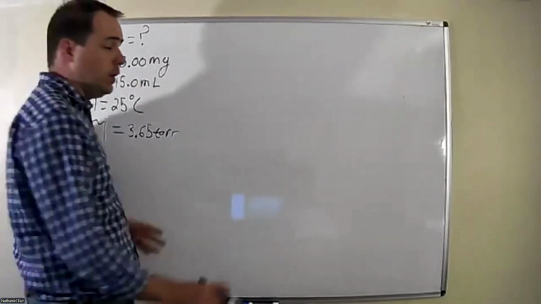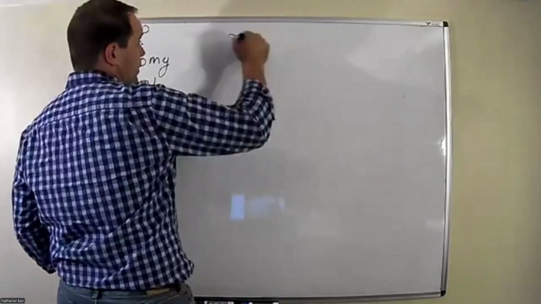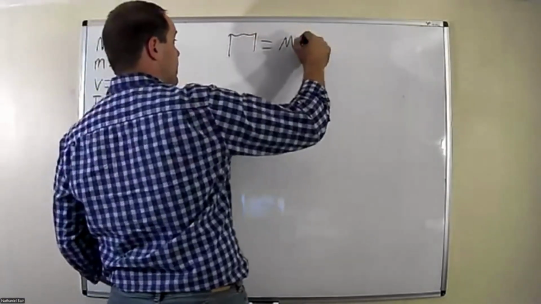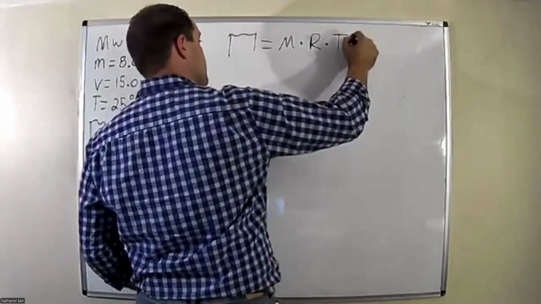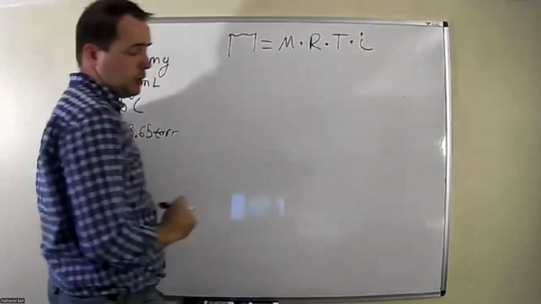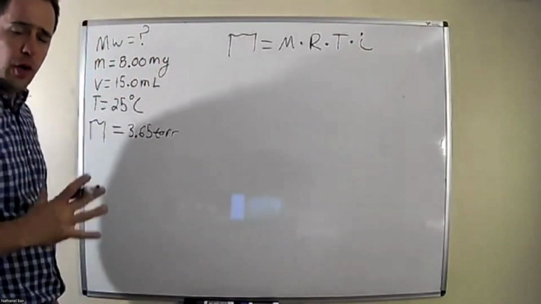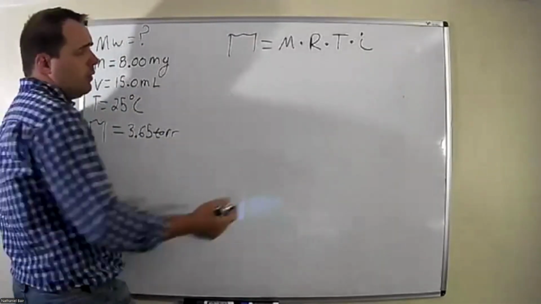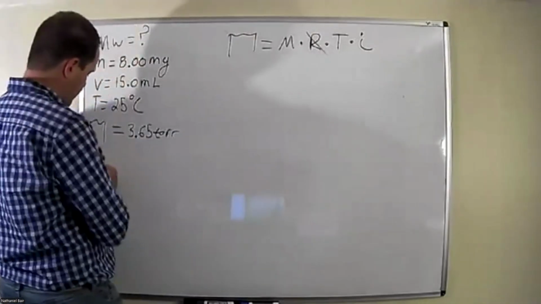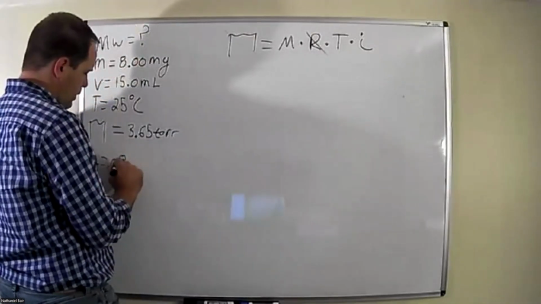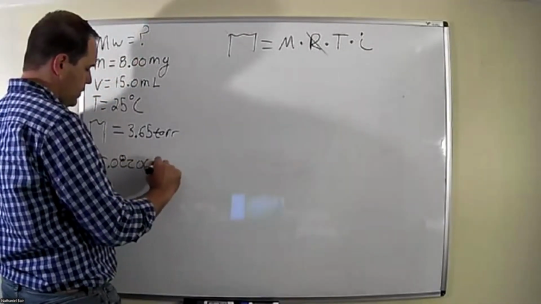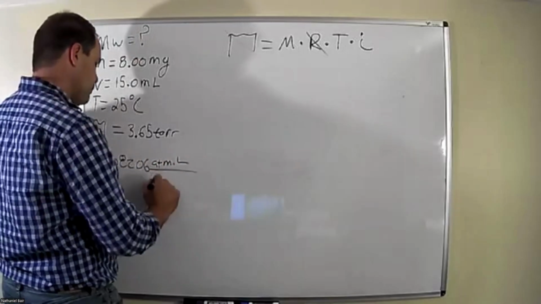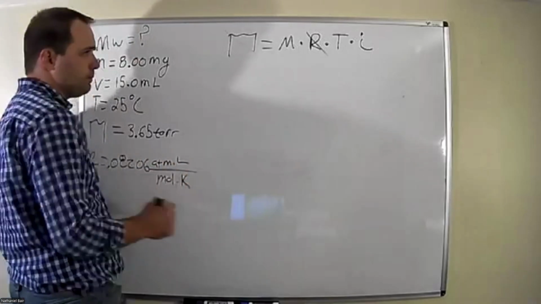So the first thing we're going to do is I'm going to write that osmotic pressure formula. So the osmotic pressure is equal to the molarity times the universal gas constant times the temperature times the Van't Hoff correction factor. Let's kind of check off what we have, what we don't have. We have the osmotic pressure. We know R is 0.08206 atmospheres times liters over moles times Kelvin.